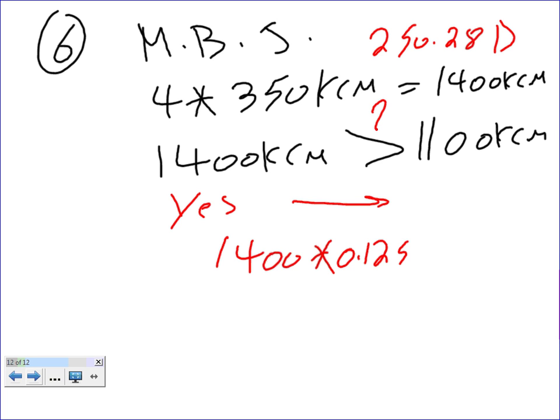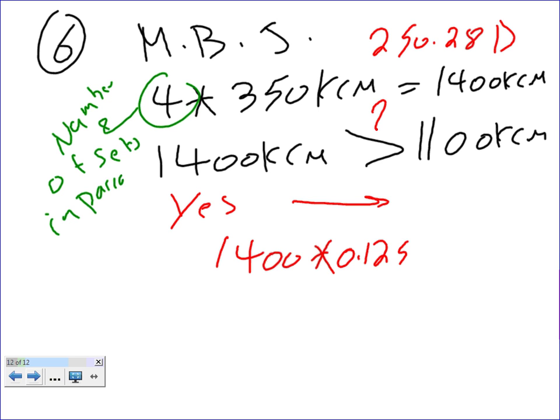But you don't take the individual. You take the sets. If we're not paralleling, this number will be 1. That's why you multiply by 4, guys. These are the number of sets in parallel.